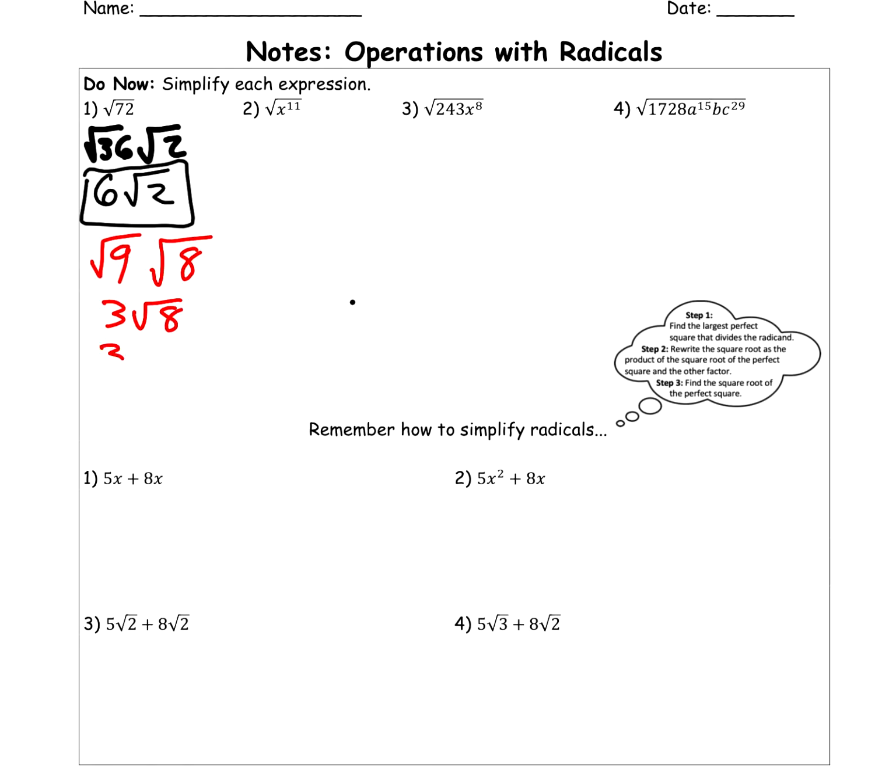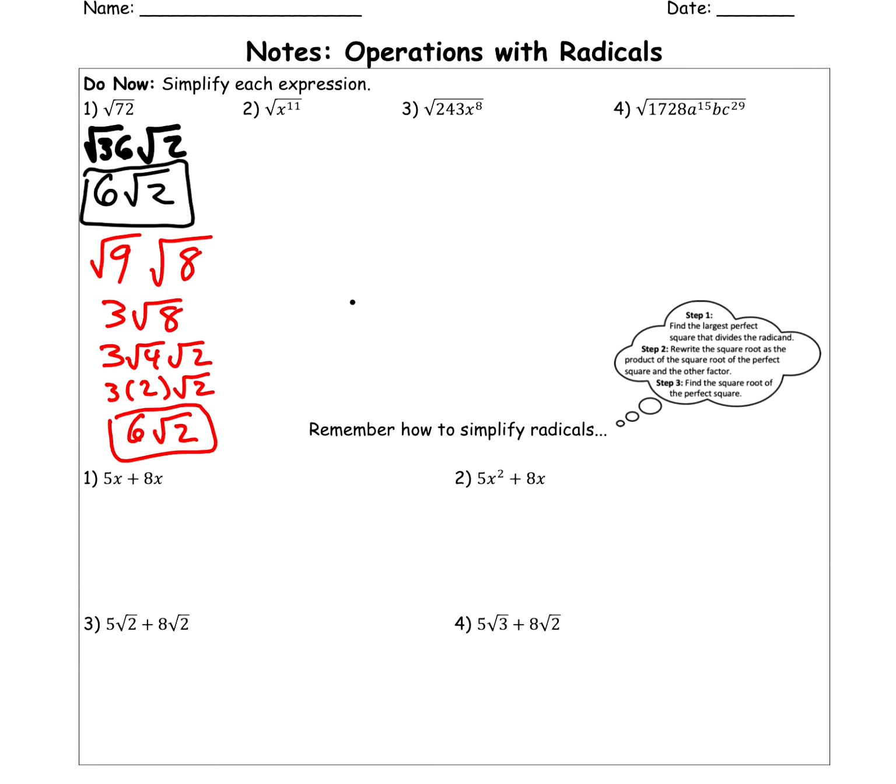So that would be 3 radical 4 radical 2, which would be 3 times 2 radical 2, which would simplify to 6 radical 2. So you get the same answer, just a couple more steps. If you don't find the largest perfect square, don't worry. You can keep on finding perfect squares that divide the number inside the radical, the radicand, and you will obtain the same answer.